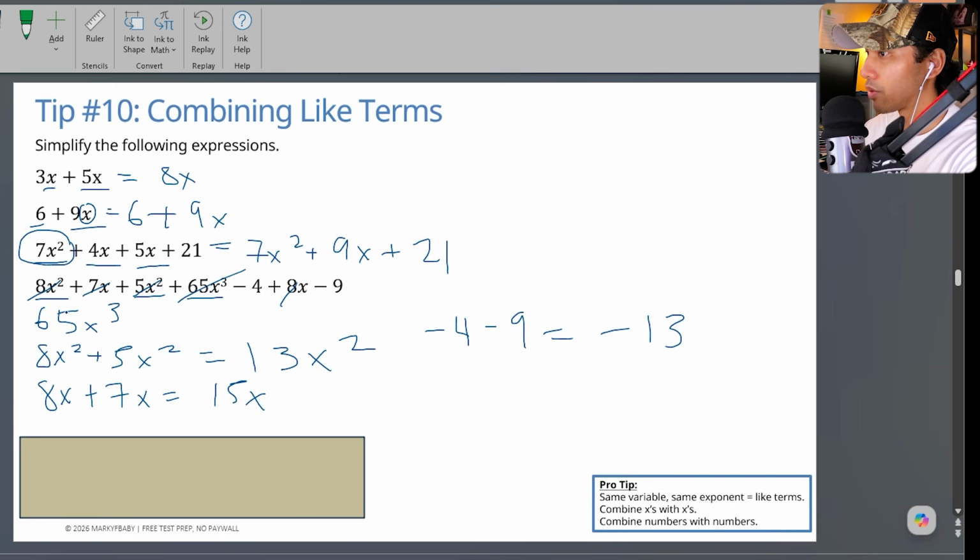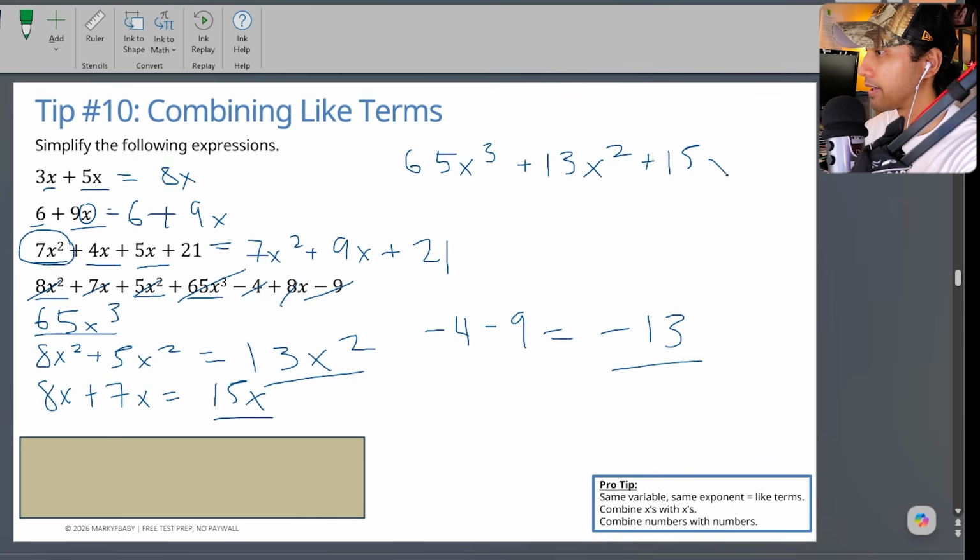Okay, so our simplified expression becomes now 65x cubed, and then we're just rewriting all this. That's all we're doing. Okay, we cross those out. And then plus 13x squared plus 15x minus 13. That is this simplified. That's it.